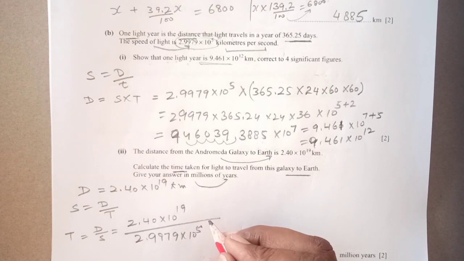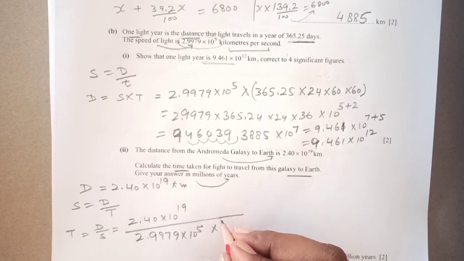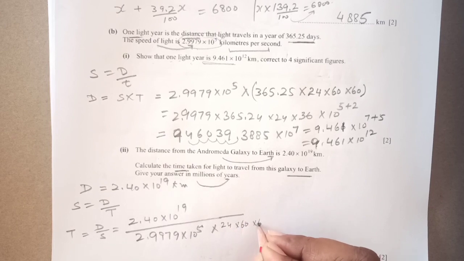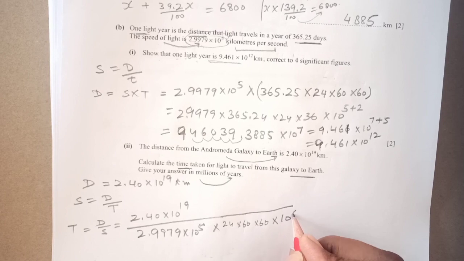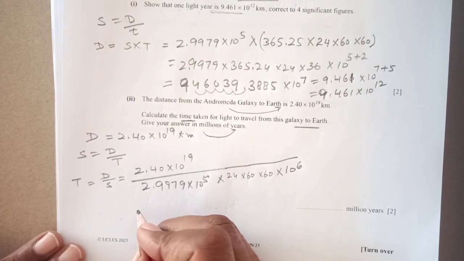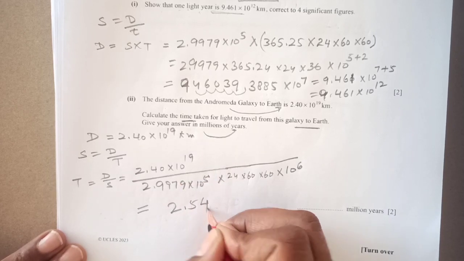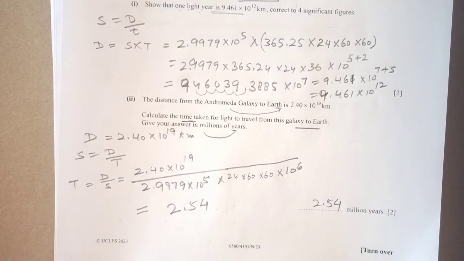So then we are going to divide by 24 times 60 times 60 times millions of years, 10 raised to power 6, right? So you just use your calculator to do this one. I'm getting 2.54, so it is 2.54 million years.